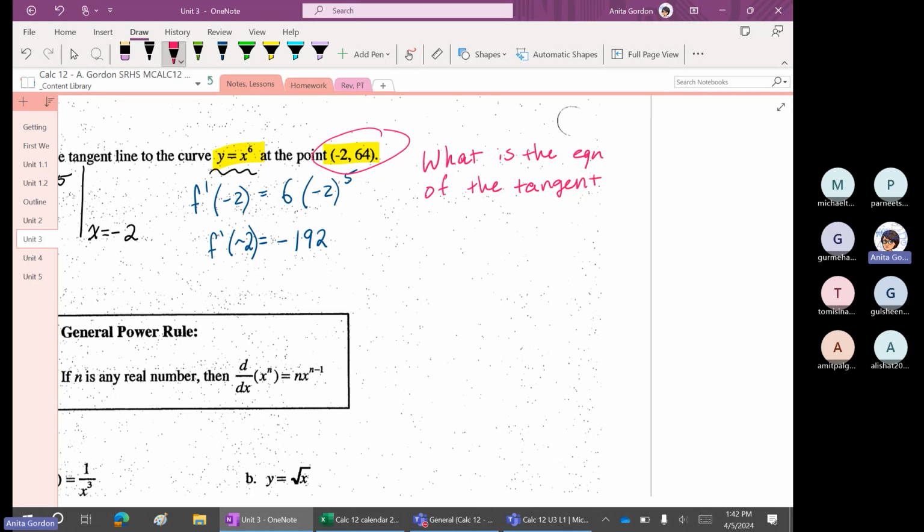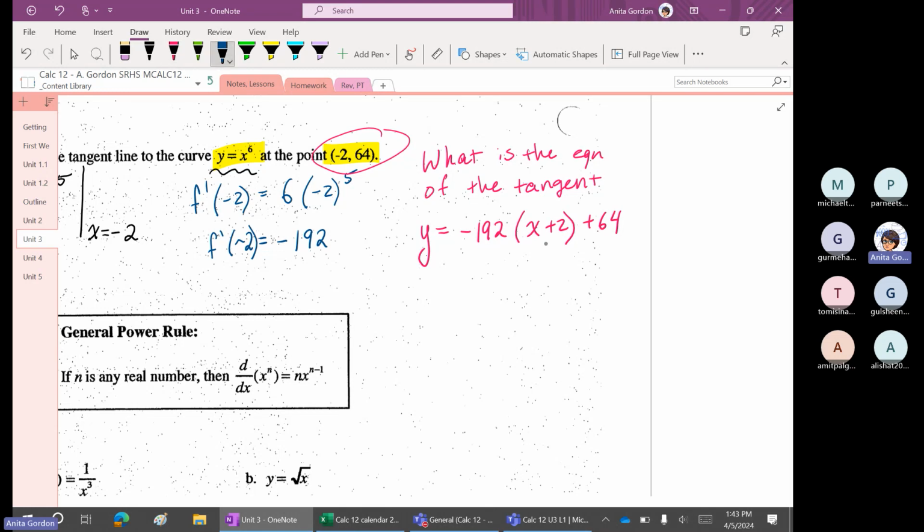Okay, so if I wanted to know what is the equation of the line, you have all the information you need. I just need you to dictate it to me. What would I write? -192, so that's my m, times bracket x plus 2. Good. So this is point slope form, yeah? Plus 64.